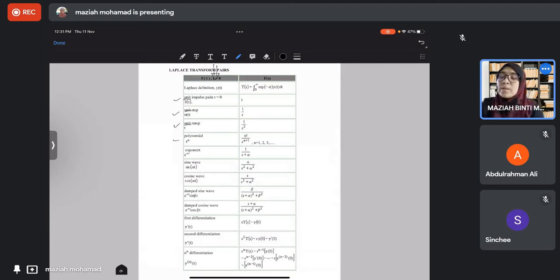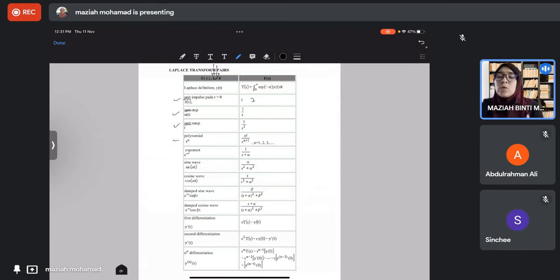If your input is a unit impulse at t equal to 0, there will be an impulse equal to 1 because it is a unit impulse, so the value is 1. But if it is not unit, maybe 2, then this will become 2. In this table, it shows just the unit impulse.